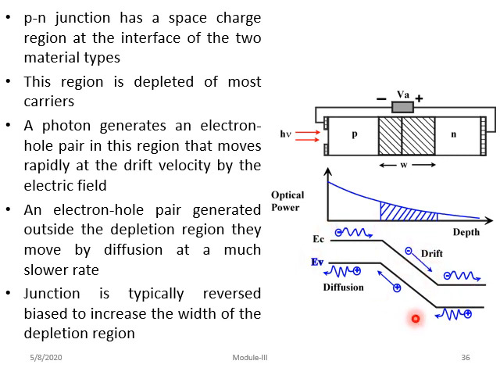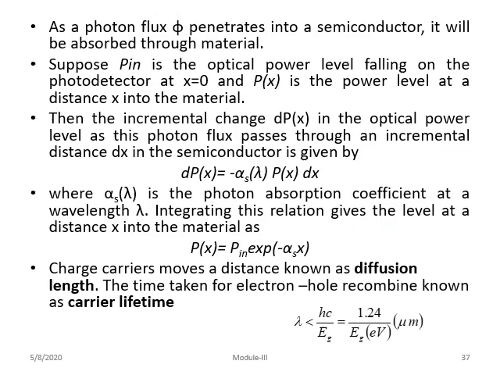Electron-hole pairs generated outside the depletion region move by diffusion, in the reverse direction, at a much slower rate. So diffusion is at a slower rate, but drift is faster, so transition will be more in the pin diode.